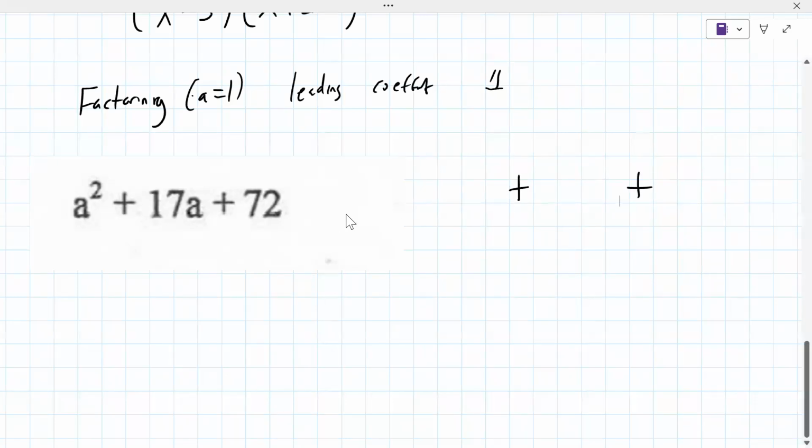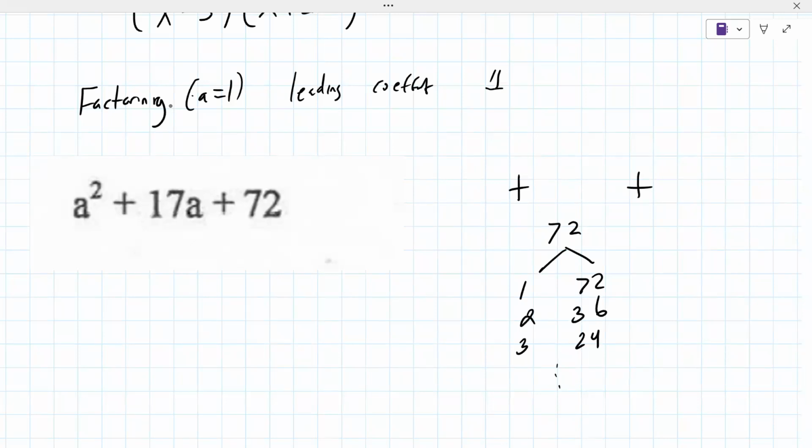So you're looking for 2 numbers that multiply to 72, but add to positive 17. So one way to do this is to sit here and just start writing them out until you come up with them. And I'm okay with that. You could also grab a calculator and guess and check. I don't particularly care how you do this one, but I'd like you to give this one a try, please.